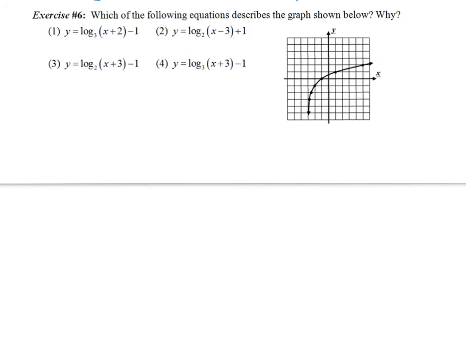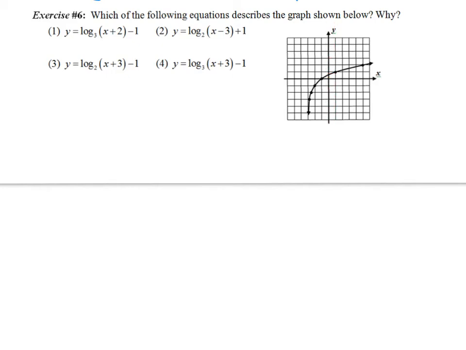Let's apply what we've just learned about transformations of log functions and see if we can tell which of the equations is the correct one for this graph. Now, first of all, we saw that on a regular log graph, we had a vertical asymptote at the y-axis. So our vertical asymptote would normally be right here.